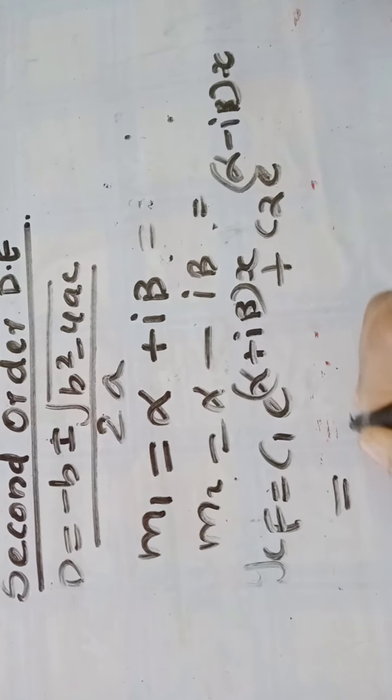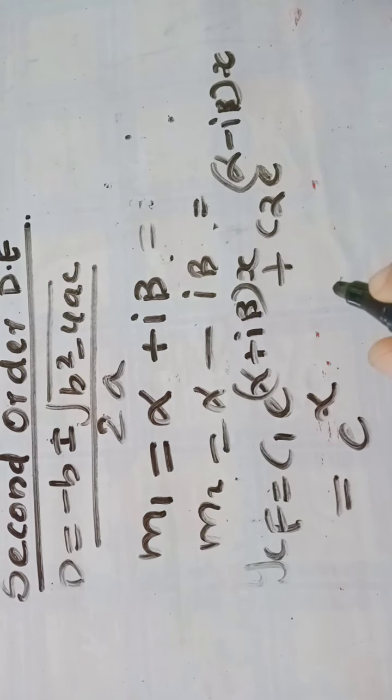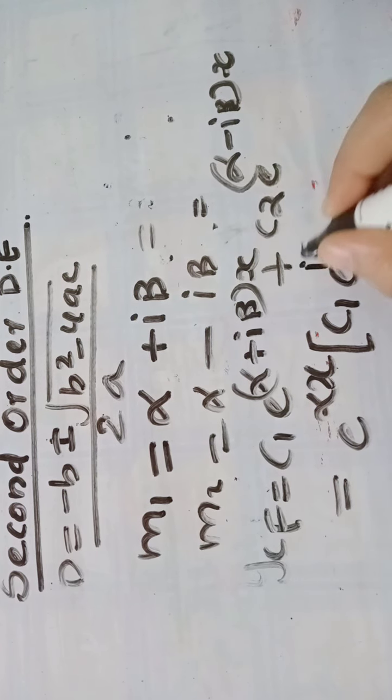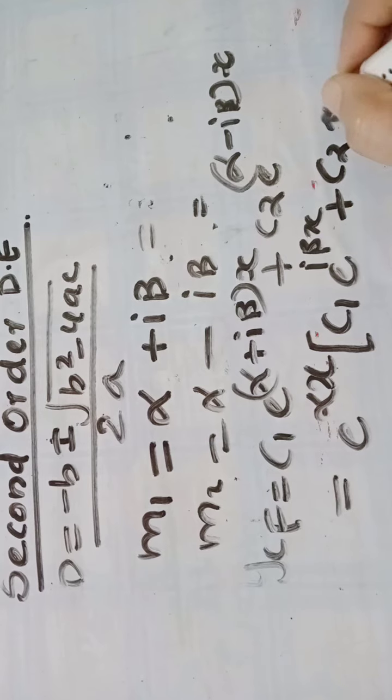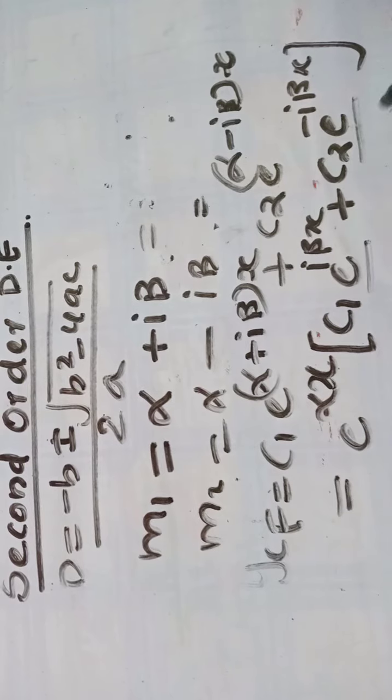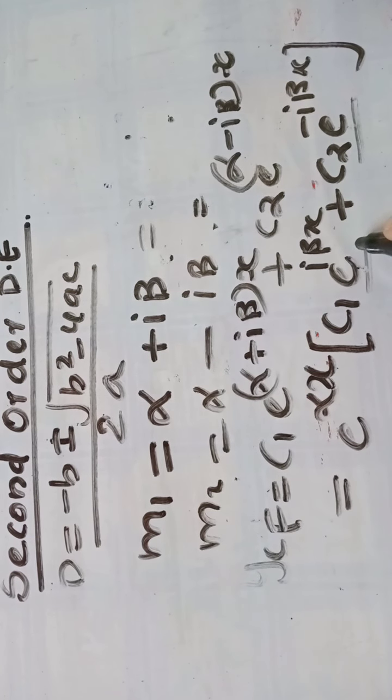We know e^(iθ) = cos θ + i sin θ, and e^(-iθ) = cos θ - i sin θ.